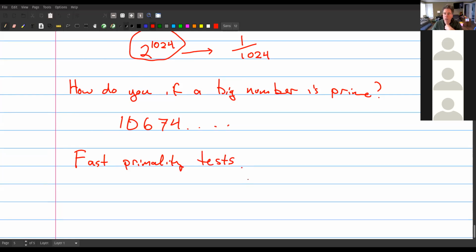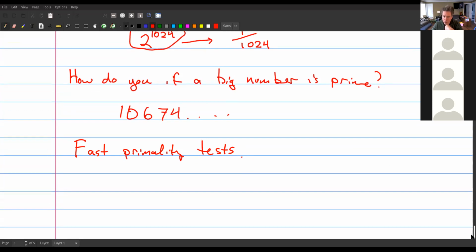And most of these things are what's called probabilistic. So the way it works is if the algorithm says n is prime, it might be wrong, but it's almost certainly right. Probably right.